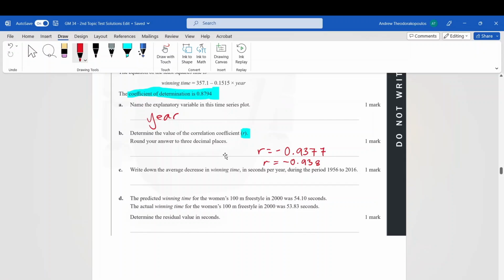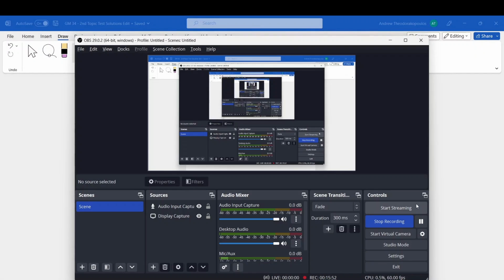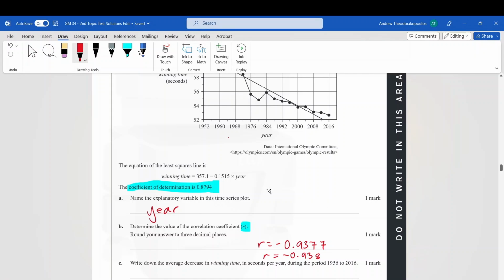Write down the average decrease in winning time in seconds per year during this period. This is another tricky question, but the answer is actually quite simple. This is another word for slope, so this question is all about slope. You need to address where the slope is here, and recognize that that number there, 0.1515, is the average decrease in winning time in seconds per year.